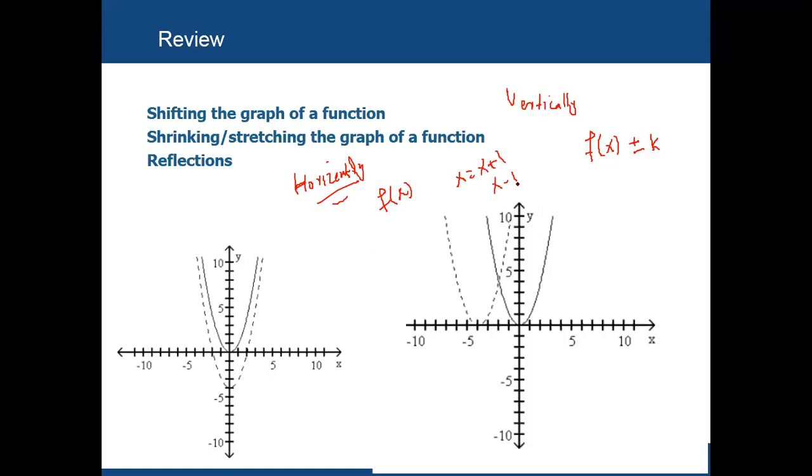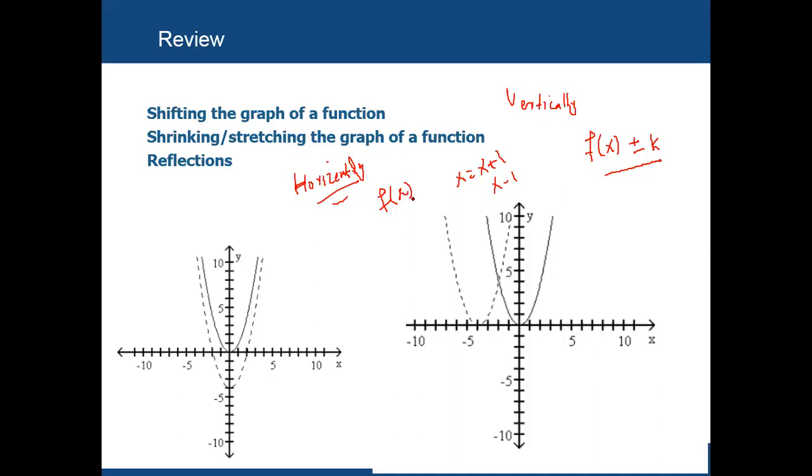Okay, horizontal shift and vertical shift. For vertical shifting, add plus or minus a value to the function, and for horizontal shifting, replace x with x plus 1 or x minus 1.